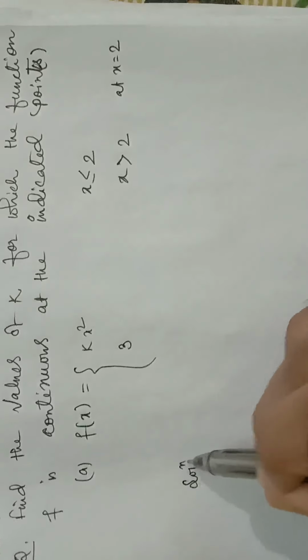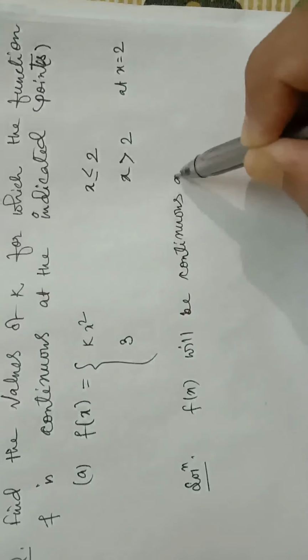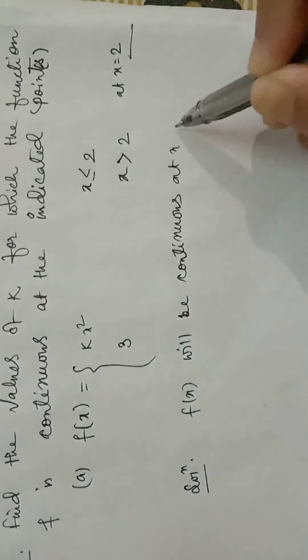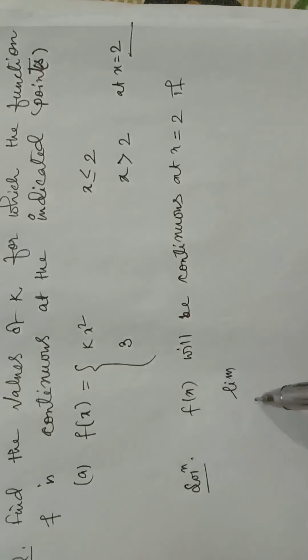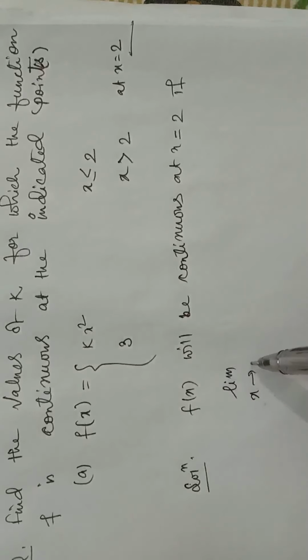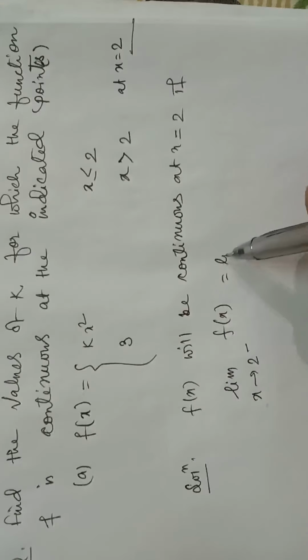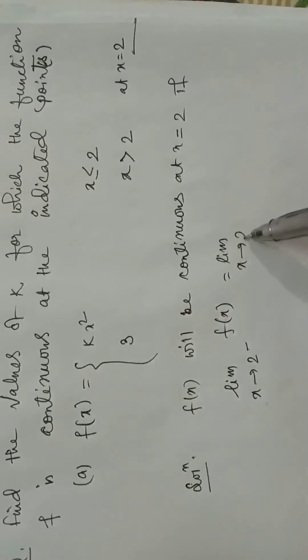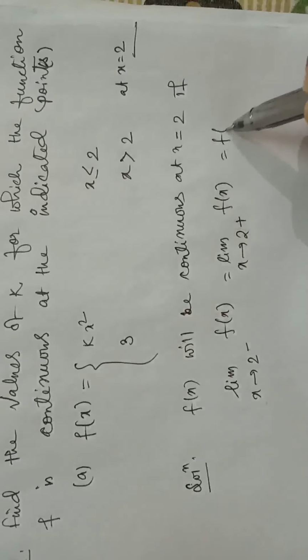We'll write in this way, f(x) will be continuous at x equal to 2 if, as this is in the split form, limit x tends to 2 minus f(x) equal to limit x tends to 2 plus f(x) is equal to f of 2.